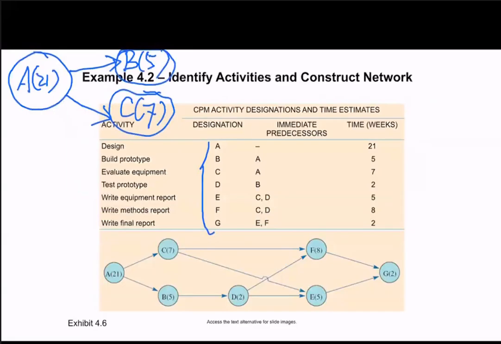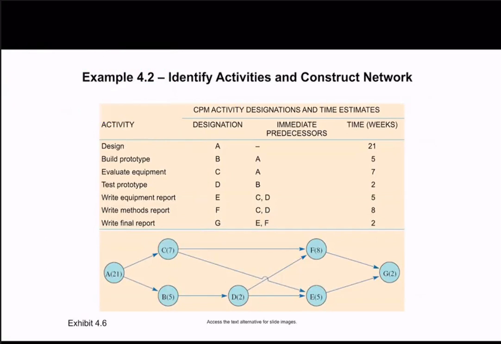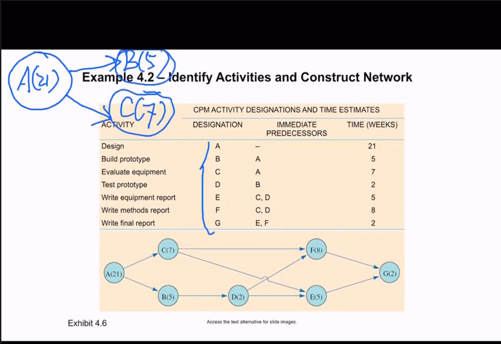So how do we determine the critical path? If we go back here, the critical path is the longest time. So first we need to know what the paths are. For the structure here, we have different paths from the beginning to the end.